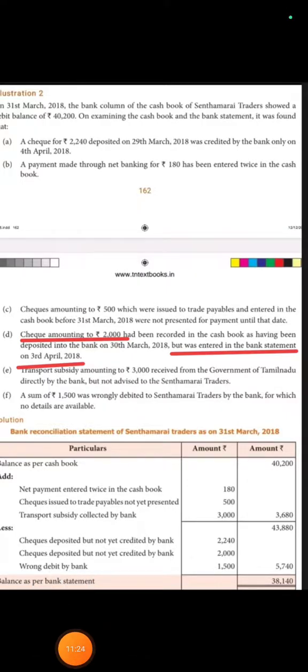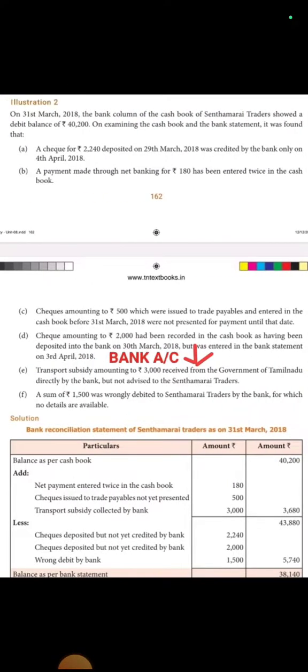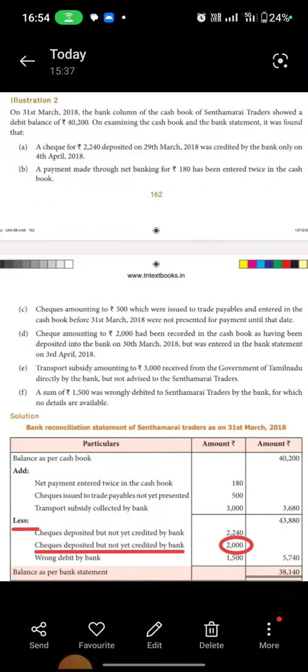It was entered on 3rd April only. So our bank account will be decreased. So we prepared the cash book as for the passbook. So for that we have to subtract this transaction. So in the less column we have to write checks deposited but not yet credited by the bank. Amount rupees 2000 is entered.